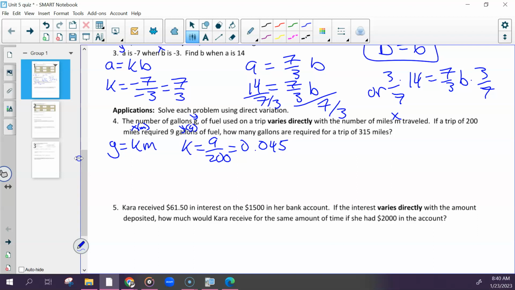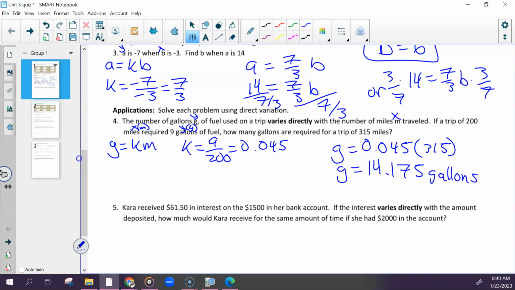Then you needed to use your k to find how many gallons. So put in 315, multiply those together, and you got 14.1 something. 175. Right, so you could have put 14.2, 14.18, or just 14.175.